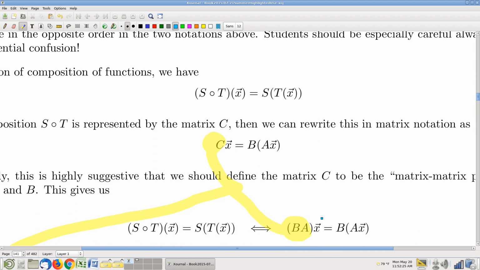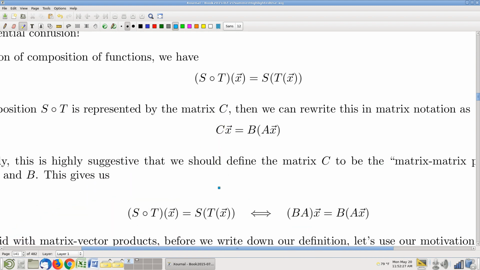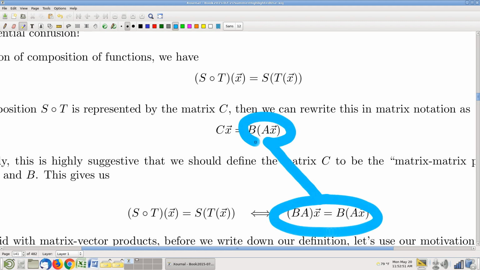So here's the thing. If this composition is going to be represented by some matrix, let's call it C for the moment, whatever that's going to be. Well, don't forget, T is represented by A, and S is represented by B. And I'd be really uncomfortable if this wasn't true. I mean, let's think about our algebraic future.